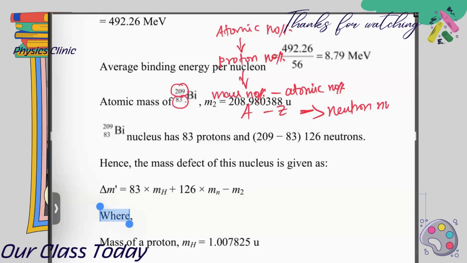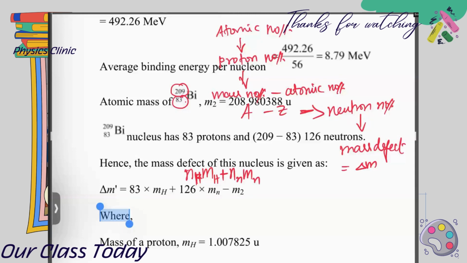Okay. So after getting the neutron number, what do you need to find? You need to find the mass defect. So what is mass defect? Delta M. Delta M is equal to the number of protons into the mass of the proton, plus the number of neutrons into the mass of the neutron.